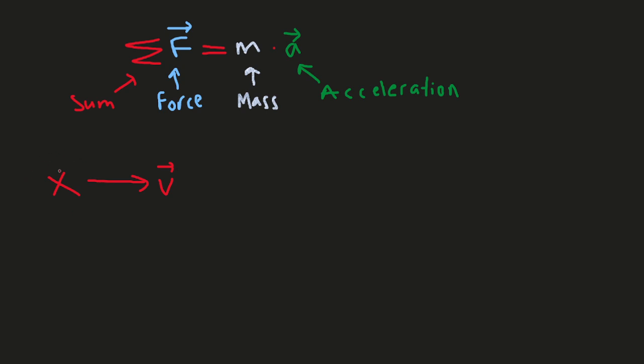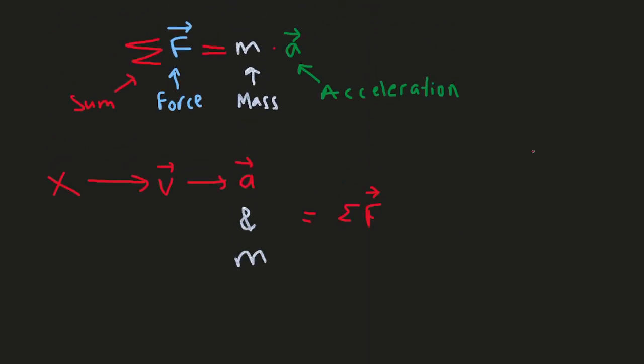So we get from position to velocity by figuring out what the change in position is, and we get from velocity to acceleration by figuring out what the change of velocity is, which is also the slope of the graph, if you remember from that video. So now, if we have the acceleration, and we also have the mass, we are given the mass of the object, we can calculate the sum of forces in the direction.